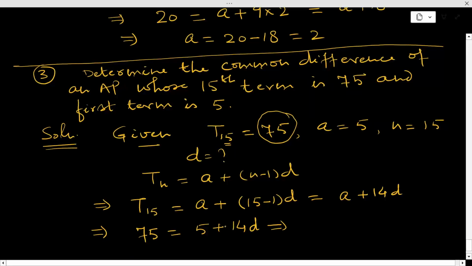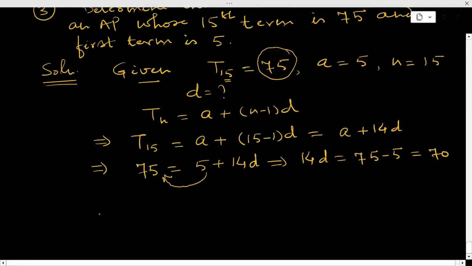So from here, if you shift this 5 towards the left hand side, you will obtain 14d is equal to 75 minus 5 is equal to 70. So this gives you the value of d as 70 upon 14. From here you will easily obtain the value of d, which is 5.